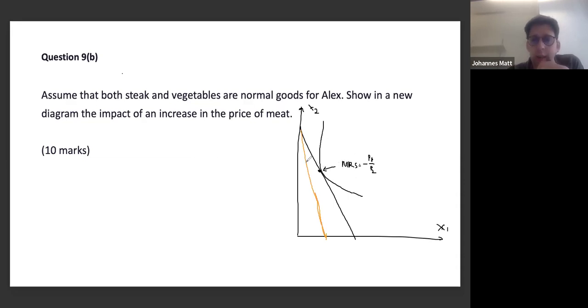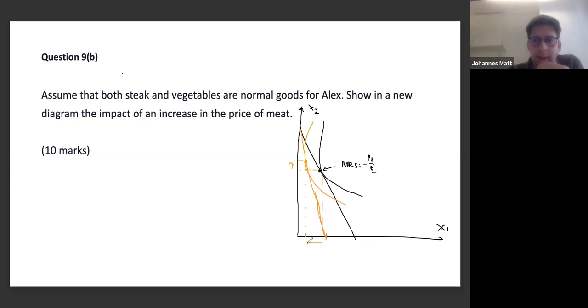And so I'm going to pick a consumption bundle that gives me a lower utility level that is tangential here, which might be this curve, for example, with this point here. And so in that world, I did actually increase my vegetable consumption by this amount, but I also reduced my steak consumption by that amount.